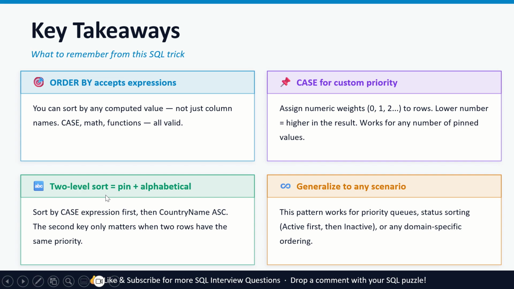One is that we always want India and New Zealand in the first and second rows. Then all the other countries will be sorted in their alphabetical order from the third row. And this can be generalized to any scenario. This is just an example, because we are here to understand the concept rather than a specific problem. So here it might be for a country, but you might face this type of conceptual problem for other scenarios also.